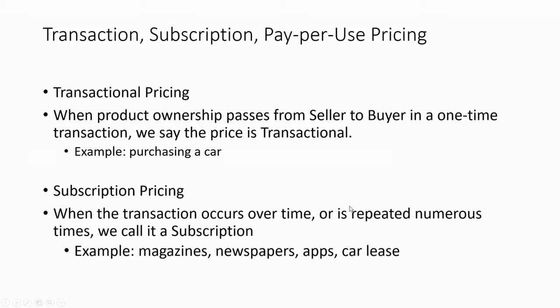And so examples of this type of pricing, of course, are magazines, which we receive numerous issues over a period of time, likewise for newspapers, and some apps, which are priced on a subscription basis that is a repeating basis as opposed to just a single transaction. And of course, a car lease is a subscription type pricing because instead of buying the whole car, or the use of the car forever in a single transaction, we're purchasing the opportunity to use the car for a certain period of time.